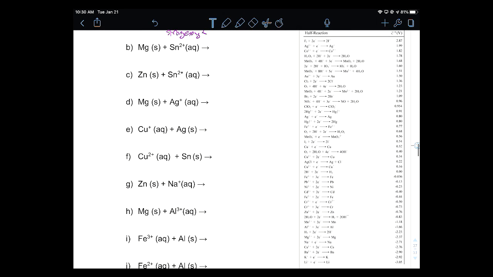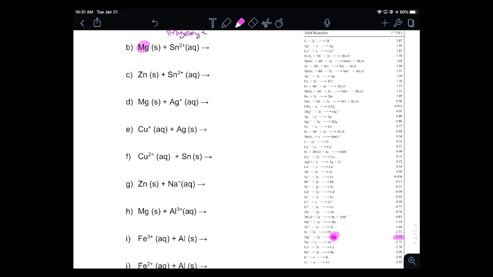So here at the very top of the table, we can see fluorine gas goes from pure element state 0 to -1 as a fluoride ion, and the potential is 2.87. It's the most positive one on the table. This is also connected to electronegativity that we covered back in our very first unit.